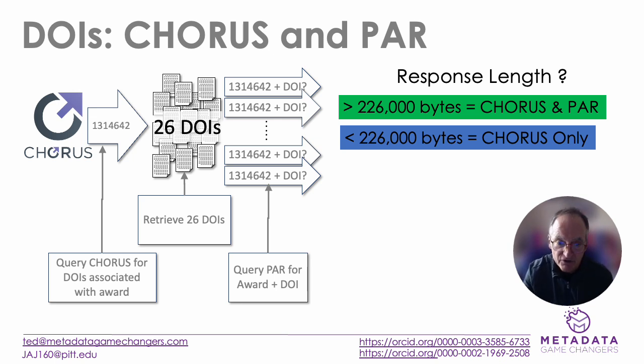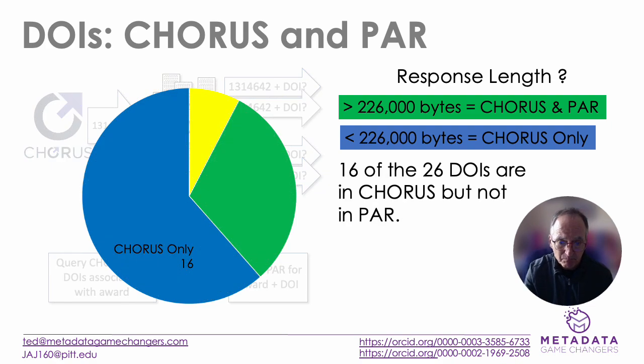If there is an association between these two things, if this DOI is in PAR and associated with this award number, the response length comes back with information about that award, so it's bigger. So if it's larger than 226,000 bytes, then that award and DOI are in PAR.